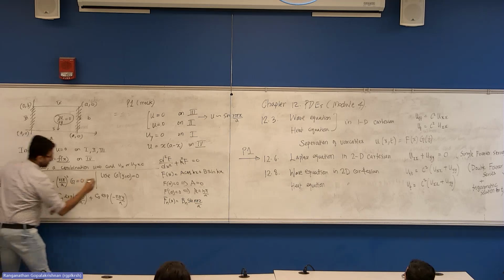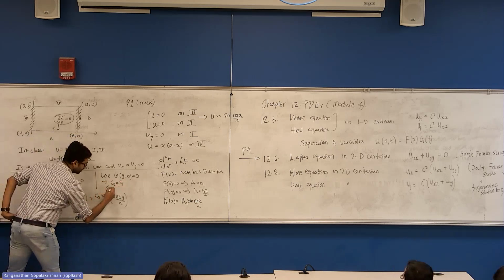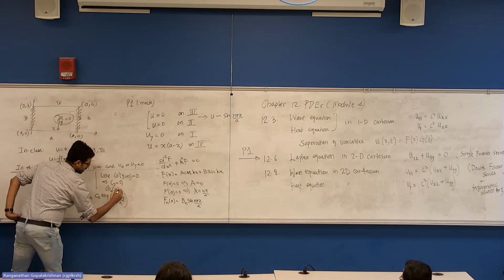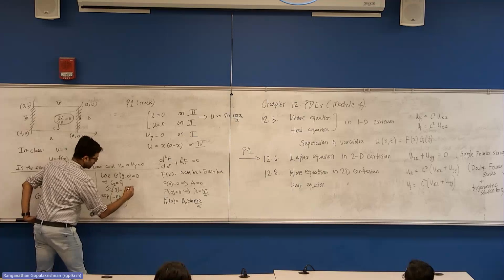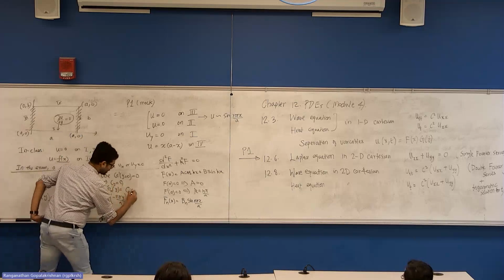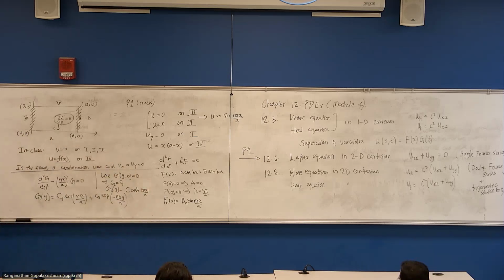Which will essentially mean C2 equal to C1, and this function will simplify as Gn of y is, let's call it C times cosine h n pi y over a. Do you all feel you can take it home from here? Like the next step, does it look obvious to you?